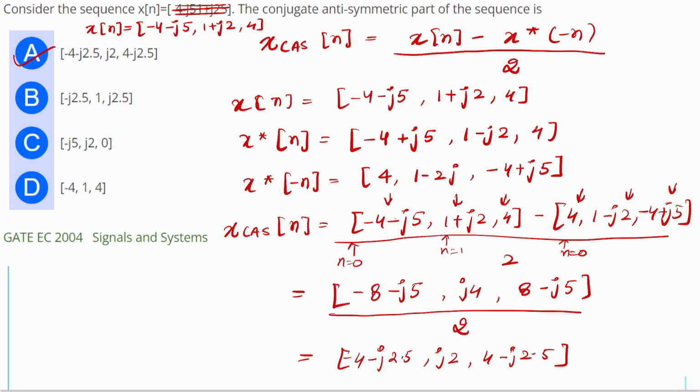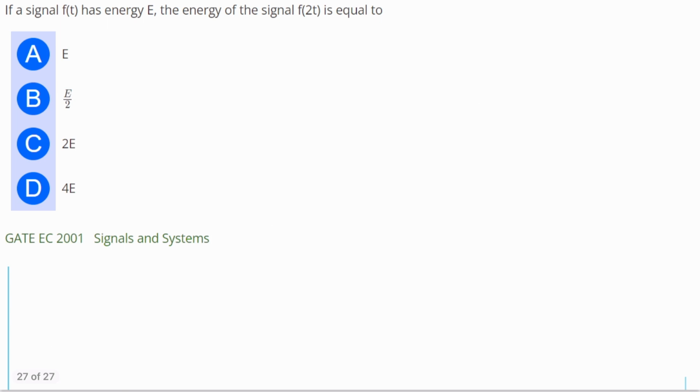Right. Moving on to the next question. The next question says that if a signal f(t) is given with the energy E, the energy of the signal f(2t) is equals to what? Energy formula we know, minus infinity to infinity f(t) square dt is E. So it is given like this.